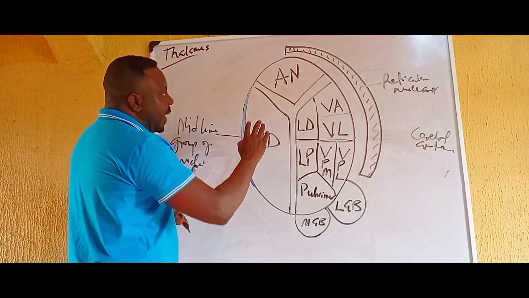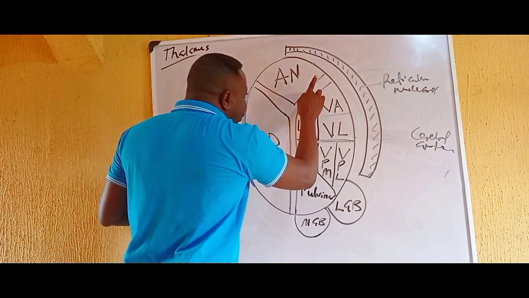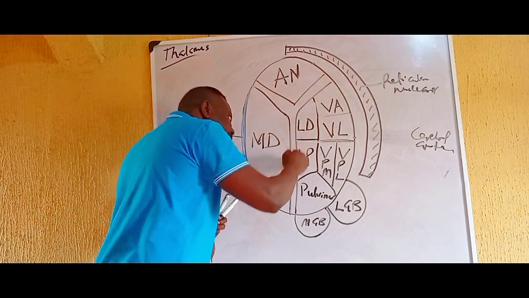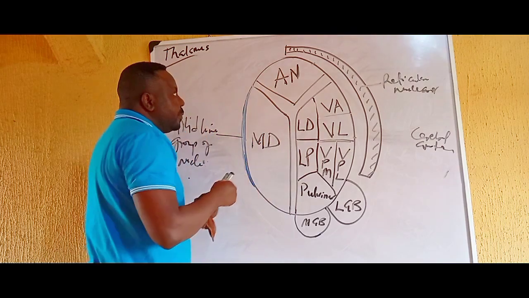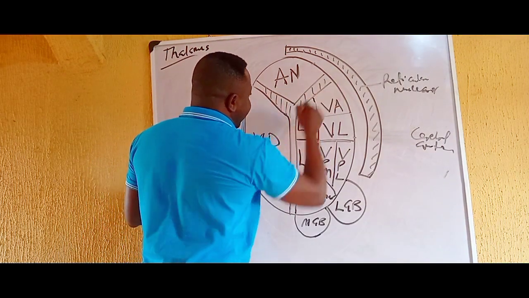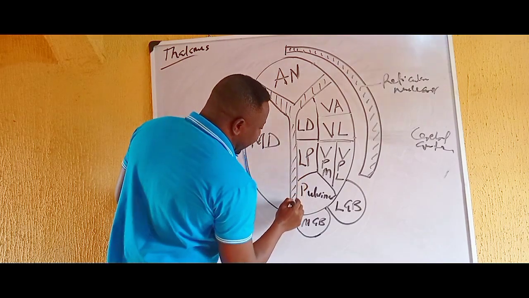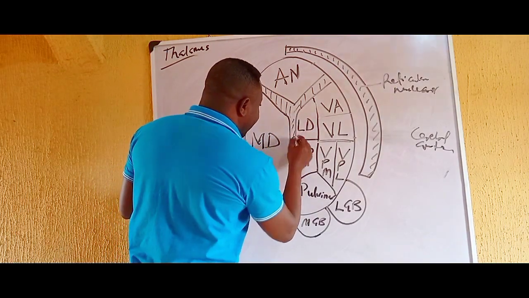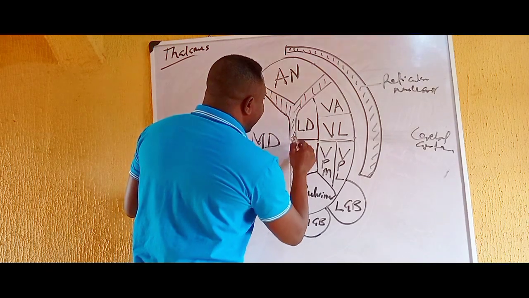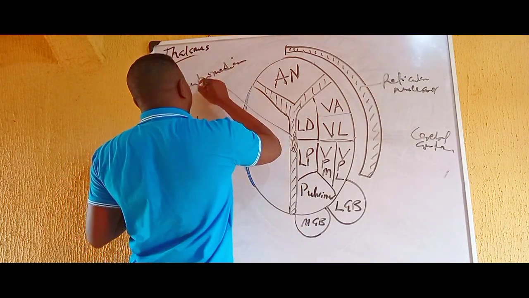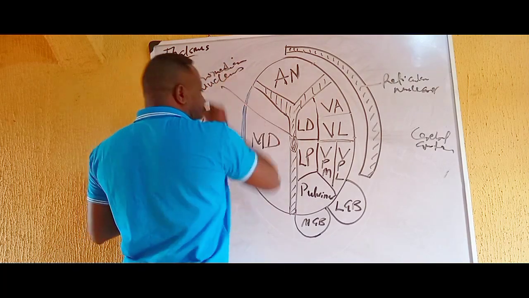Now, coming to the internal medullary lamina, like I said, we have a group of nuclei here, which we actually call the intralaminar nuclei. One of such nuclei is actually called the centromedial nucleus.